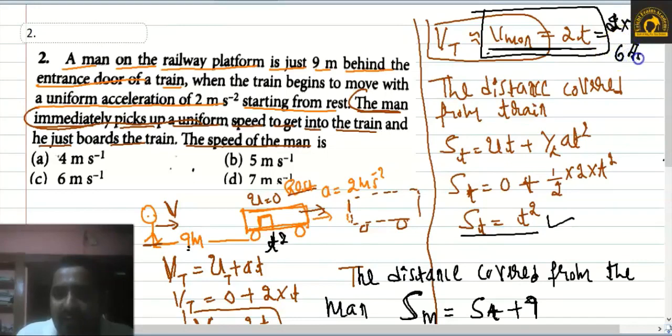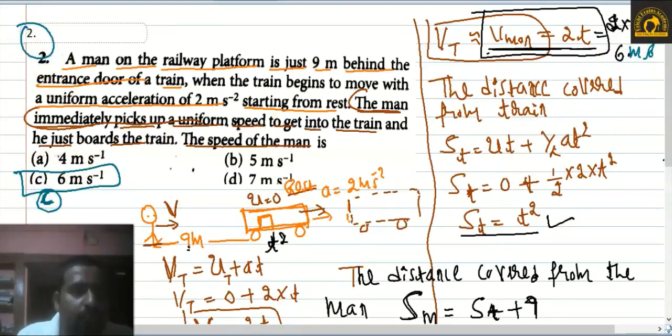That is the answer: 6 meters per second. So 6 meters per second means option C is the correct answer for this question.